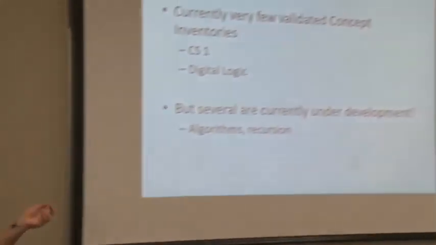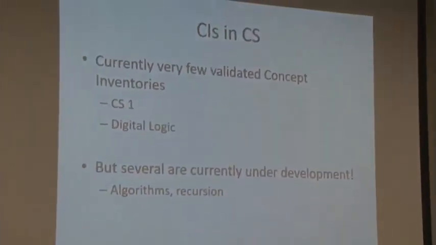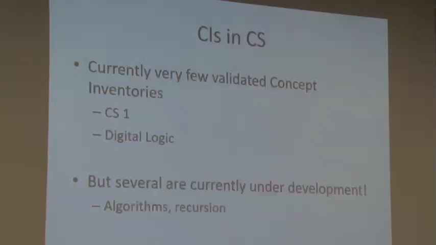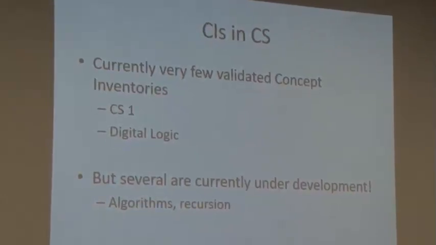So a ton of STEM fields have these now. There's a list of them right there. They're all over the place. However, in CS, there are almost no validated concept inventories. In fact, there are two. There's one for CS1 that just came out last year, and there's one for digital logic that's kind of on the borderline of CS and electrical engineering that's been around for a while.